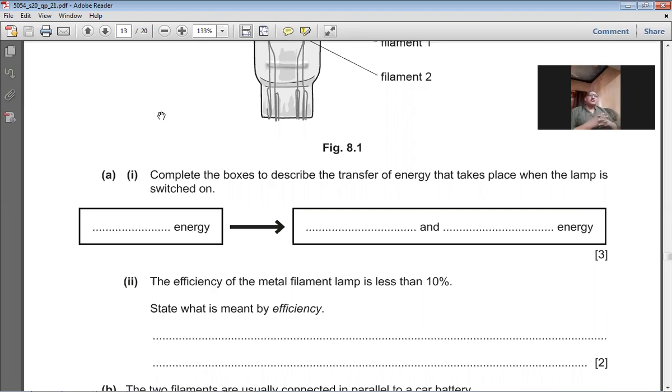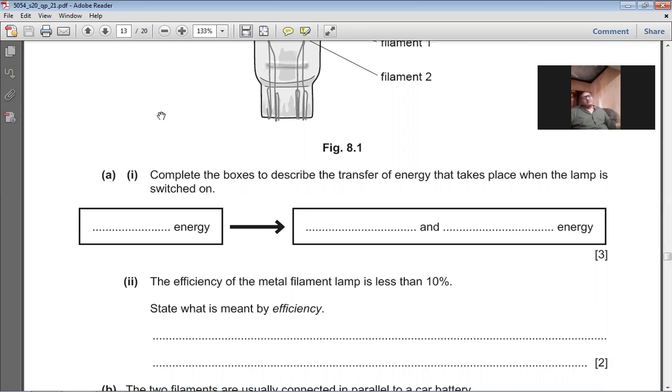Efficiency means the useful output energy divided by total input energy. Or in other words, it is the ratio of the useful output energy to the total input energy.